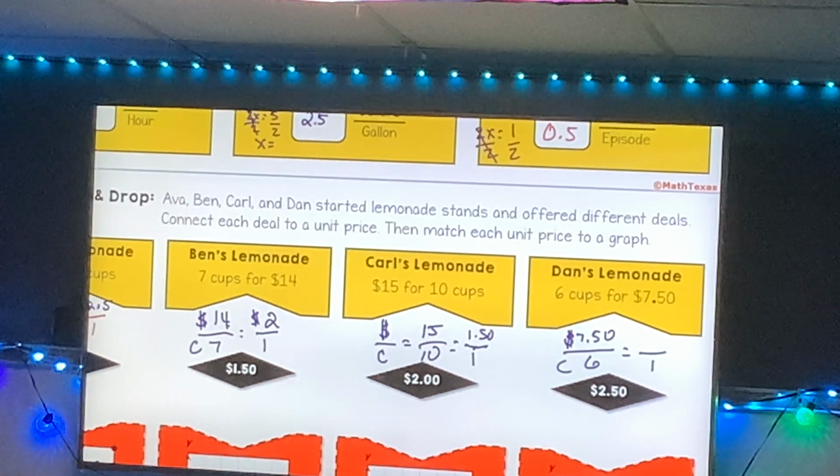So how much is it per cup? Perfect. Now sometimes they're going to give you an amount and you have to go match the graph. Okay? So sometimes they're going to give you the thing and sometimes you're going to match your graph.